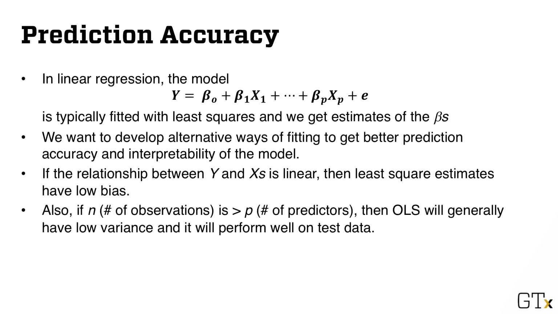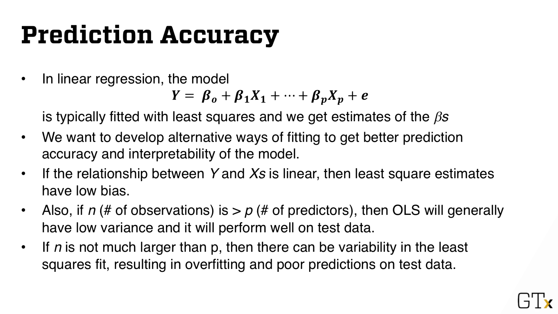Also, if the number of observations is way bigger than the number of predictors, then ordinary least squares will generally have low variance as well, and it will perform well on test data. If n is not much larger than p, then there can be variability in the least squares fit, resulting in overfitting and poor predictions on test data. Note that if the number of predictors is greater than the number of observations, then the least squares method cannot be used.